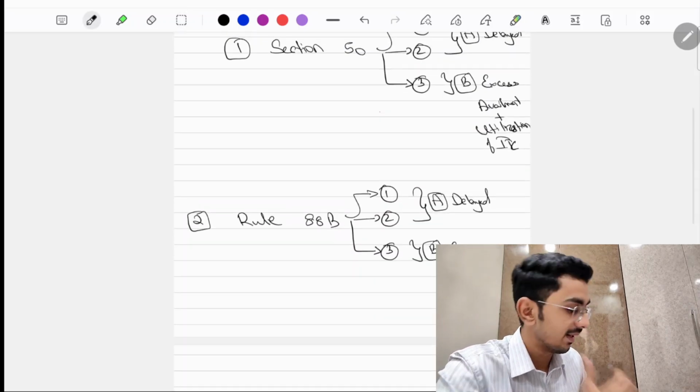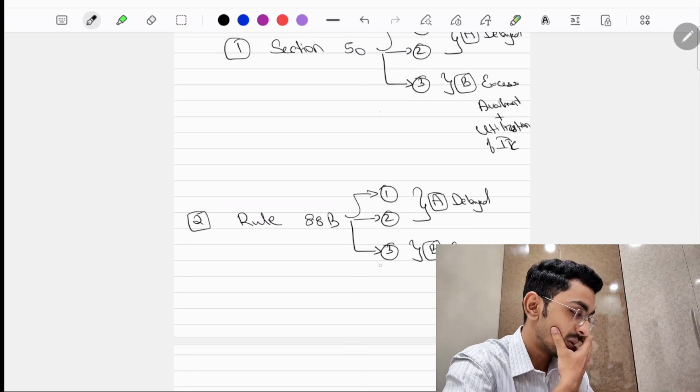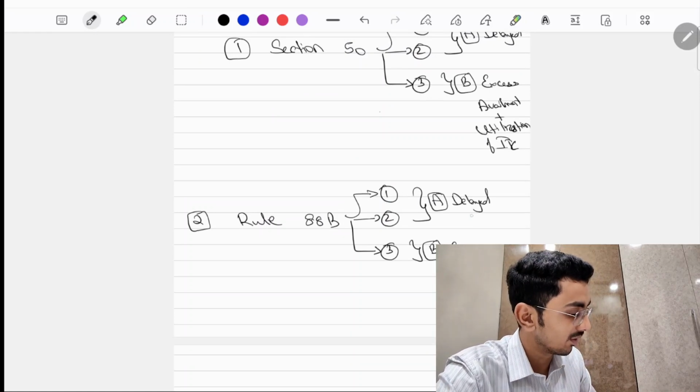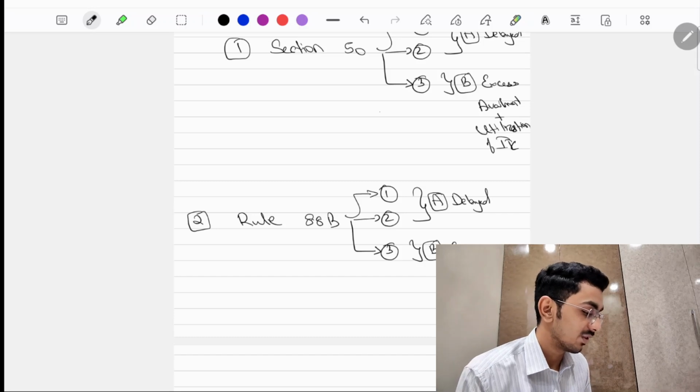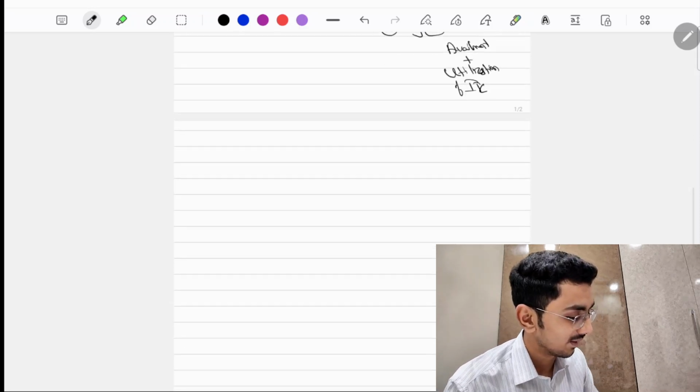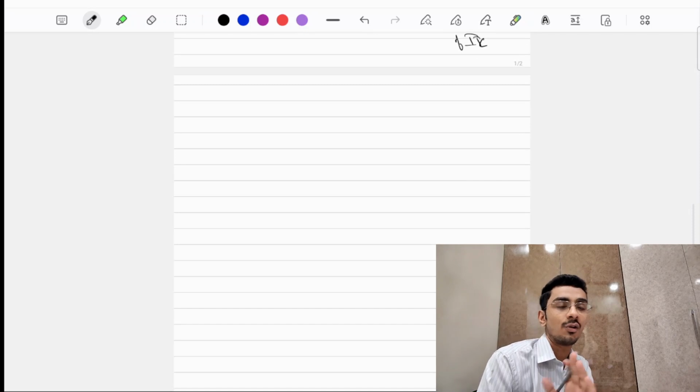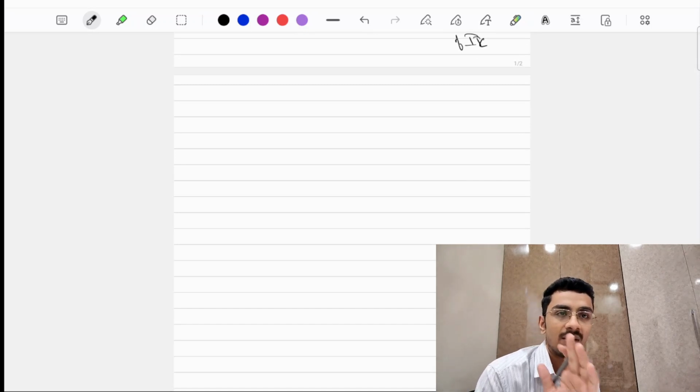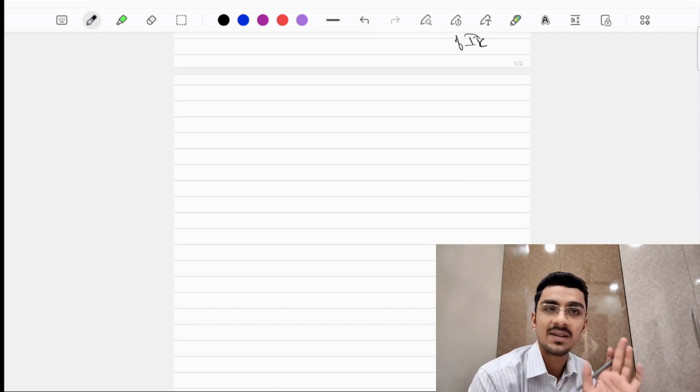Rule 88B contains three subrules: subrule 1, subrule 2, subrule 3. Subrule 1 and 2 cover delayed payment of taxes. Subrule 3 relates to excess availment and utilization of ITC. Now we'll come one by one. We'll go clause by clause through the rules, and we'll have an overall understanding as fast as possible.